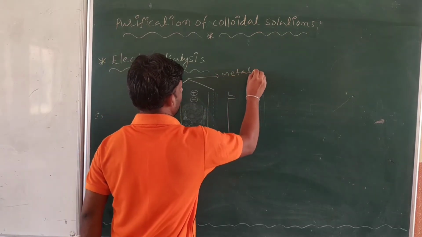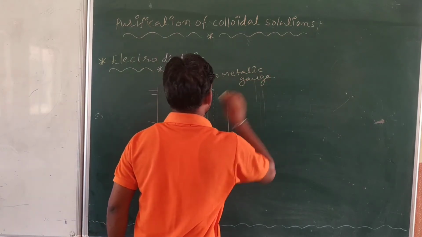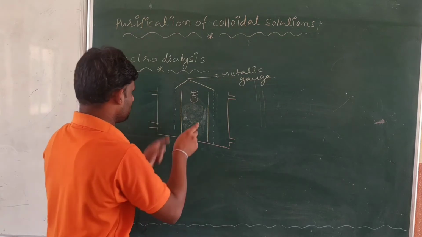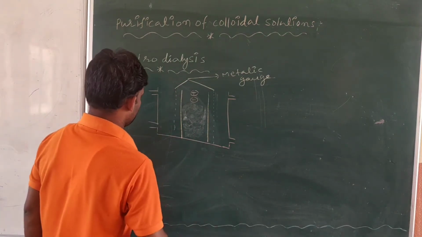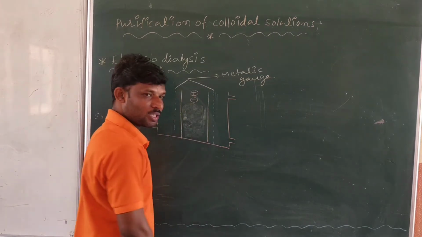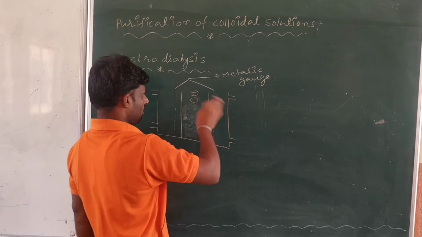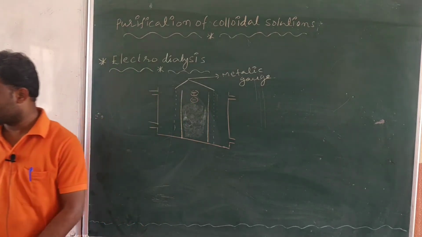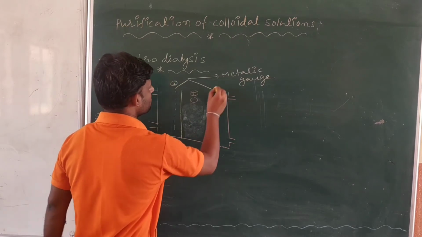Now when I connect this with a small battery, the charges can move. One is working like a negative and one is working like a positive. This is a positive, this is a negative.